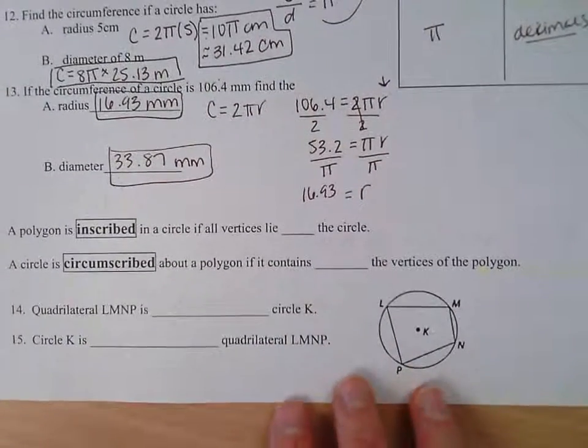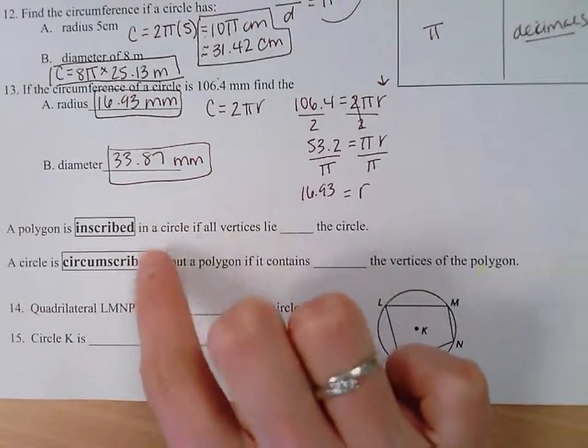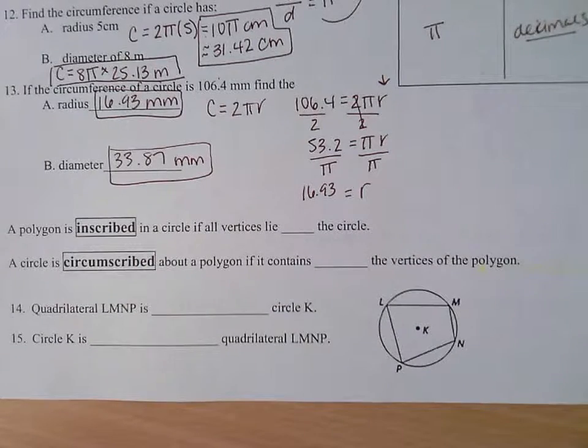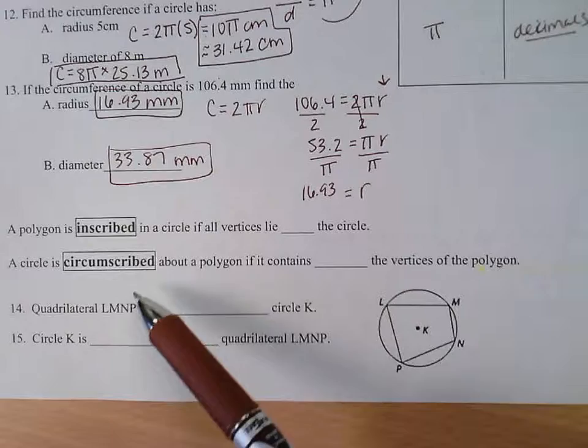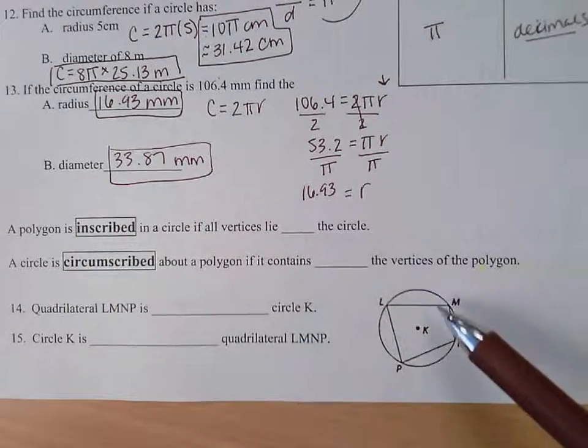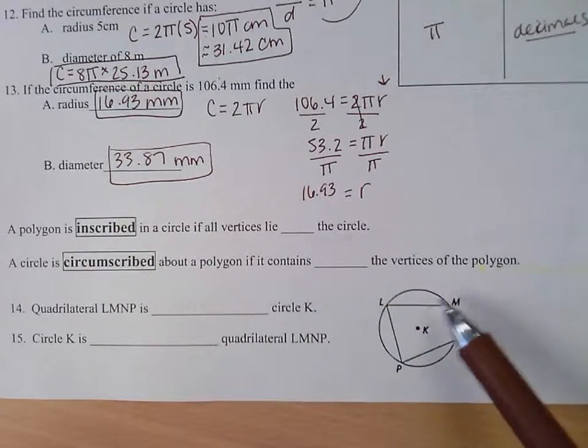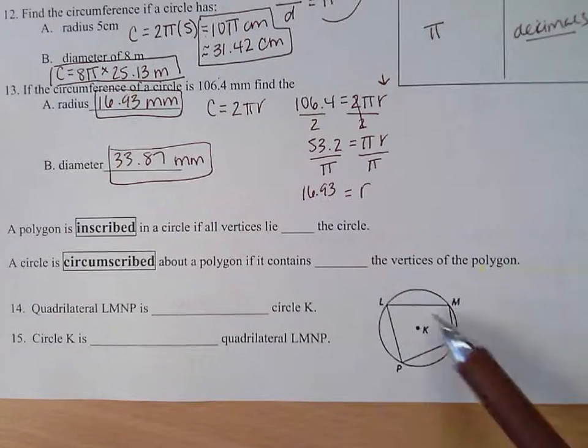And then to end, these are just 2 other vocabulary terms that you did see briefly in first semester. I'm trying to remember what chapter that was in. 5 maybe? 5. So talking about inscribing versus circumscribing. So how we would describe, like if you look at this circle, there's a polygon inside of the circle.